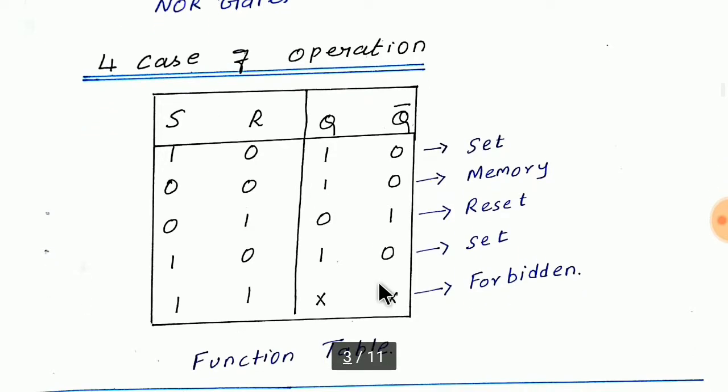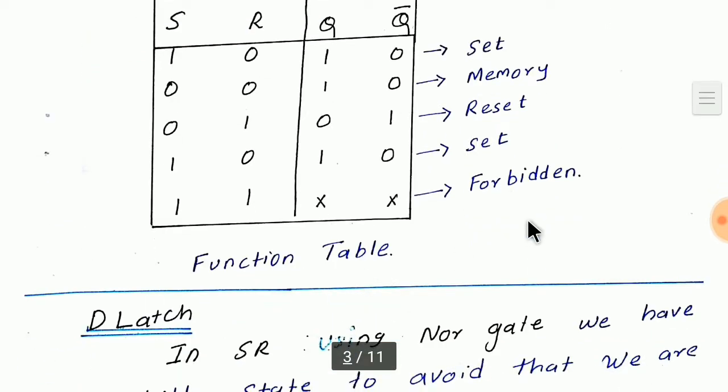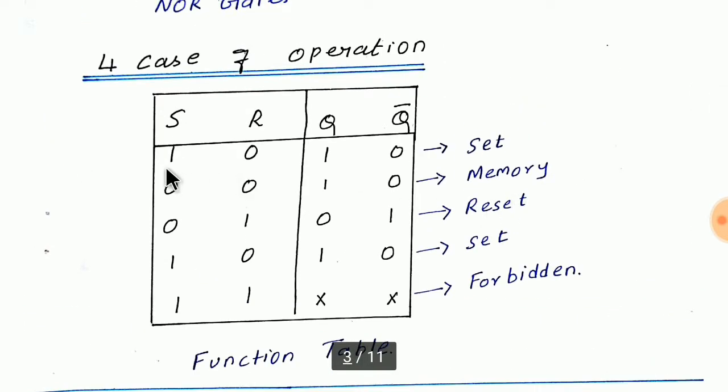The important thing to be remembered in our SR latch is that you should not give 1 and 1. If you are going to perform both set and reset operation, the output is don't care. That is, we cannot predict the output. Hence, I have mentioned it with the name forbidden. So I'll repeat: when S is equal to 1, it will set the value.